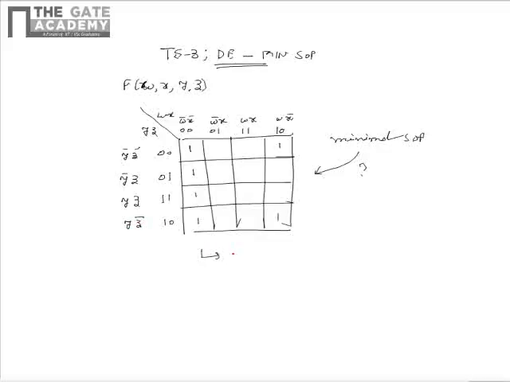Here we need to group the ones in this table. Upon seeing the table, we can group the ones in the first column, and in a similar way we can group the ones at the corners as shown.